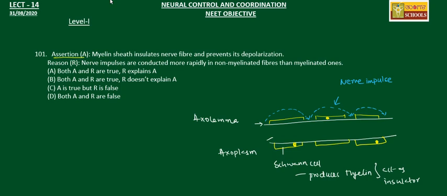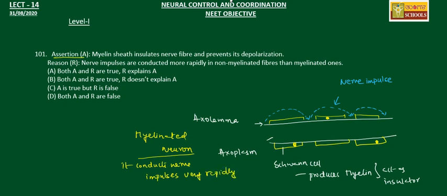If the Schwann cell produces myelin, then this is called a myelinated neuron. Now in a myelinated neuron, as the impulse jumps from one node of Ranvier to another, it conducts nerve impulses very rapidly.